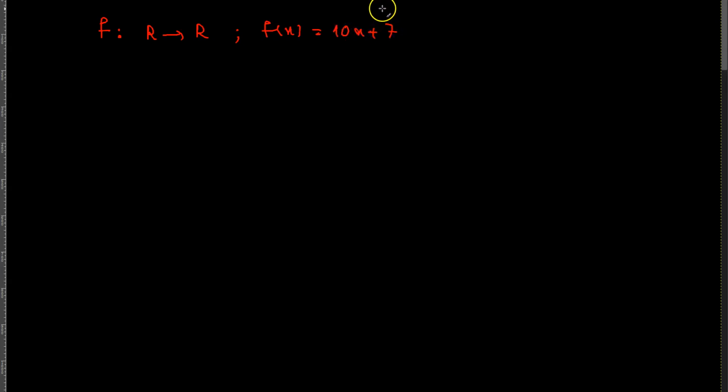And we defined g as a function from R to R, and g of y we defined as y minus 7 divided by 10, right?